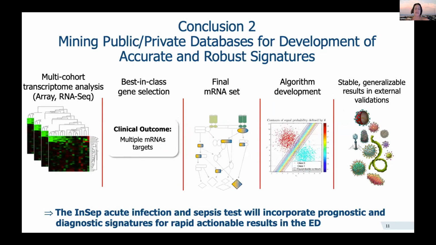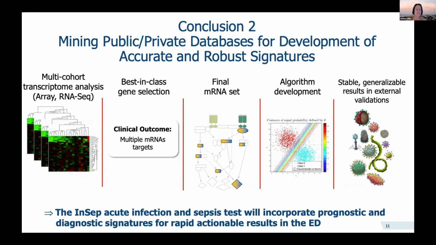Mining of these databases really is that powerful tool, and we can use non-COVID cohorts to build a COVID cohort classifier. The strength of the approach includes the use of public and private data for classifiers, which is much more powerful than previously developed techniques, because signatures can be generated in one data set and then applied to other data sets using that very powerful bioinformatics and machine learning approach.